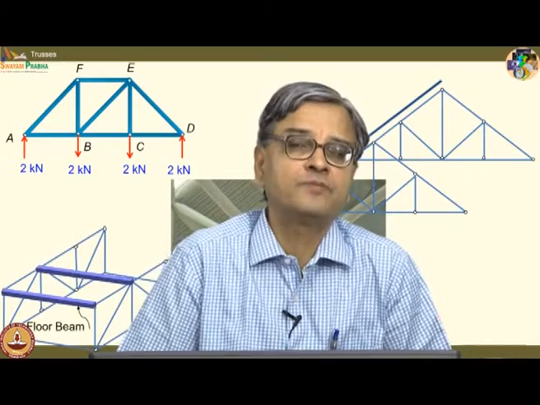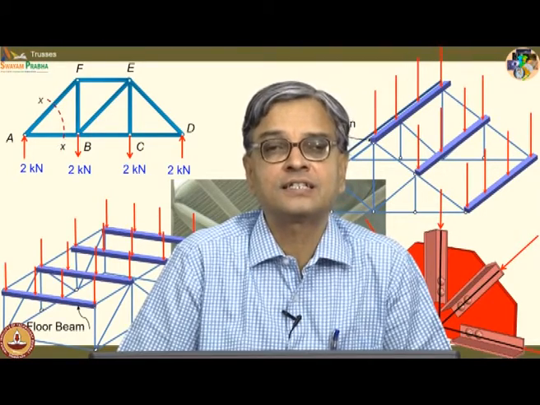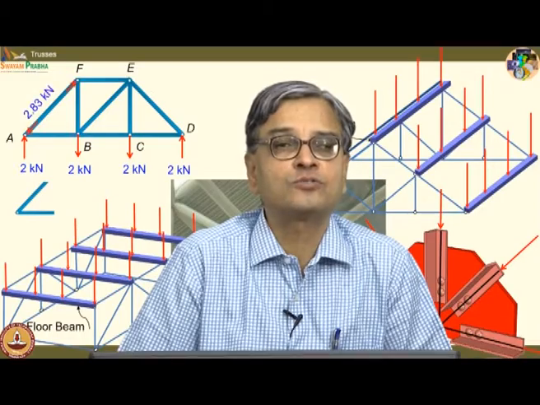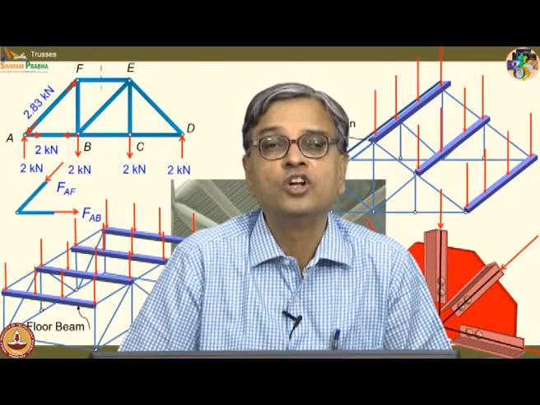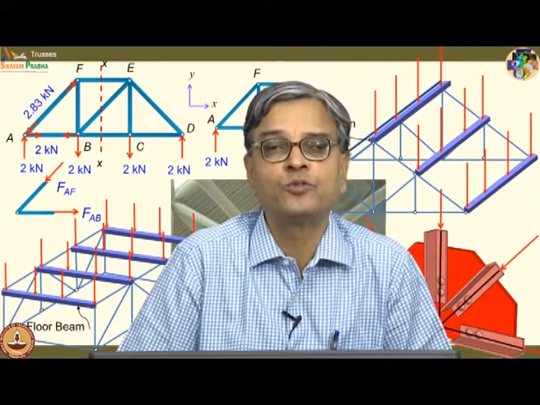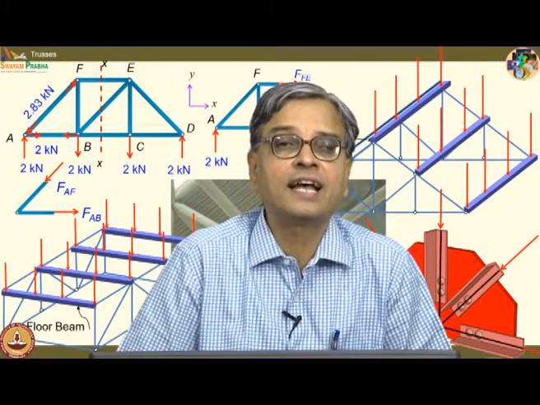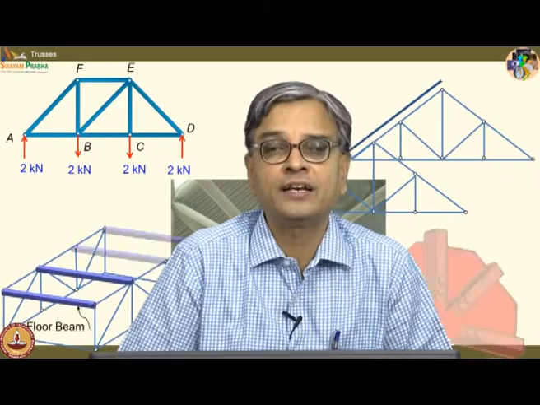In this class we have looked at what a truss is, how the joints are made, and what manufacturing processes are available to construct a truss. Physically they are very complex, but from the analysis point of view we reduce that to a pin jointed truss. We have seen enough justifications for it.